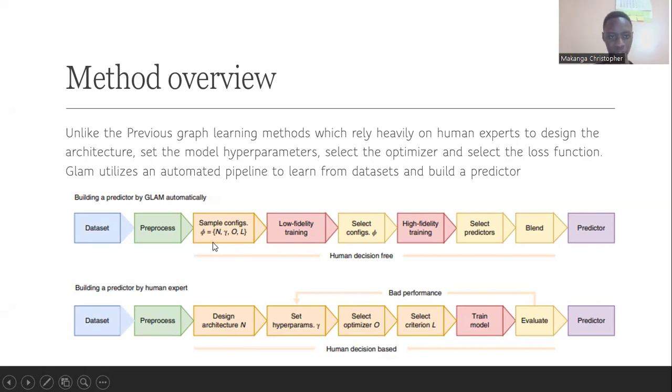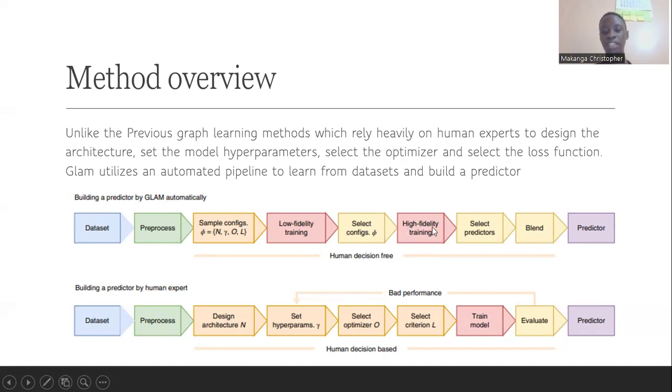As we can see in this diagram, once data is fed into the configurations, GLAM samples the configurations, then data is fed into these configurations, and GLAM performs a low fidelity training on the data. After performing a low fidelity training, it selects high performing configurations. All this is happening automatically in our automated pipeline.